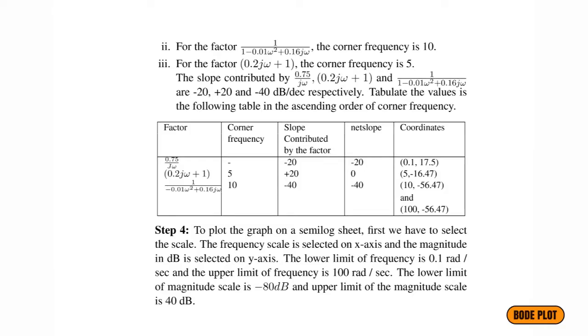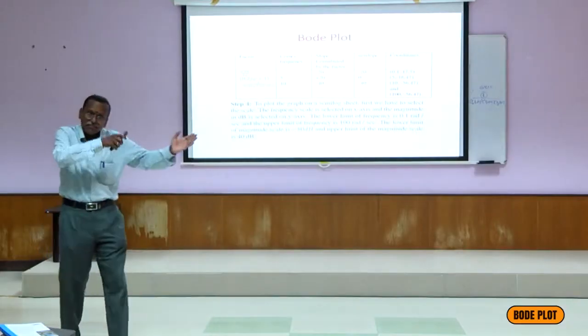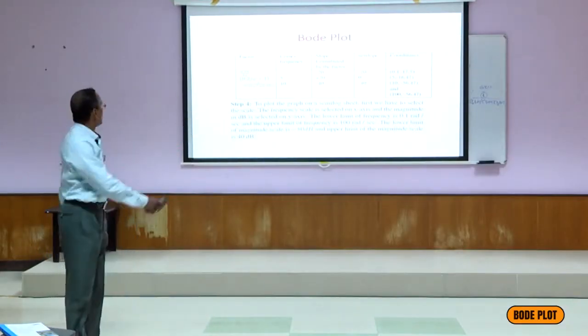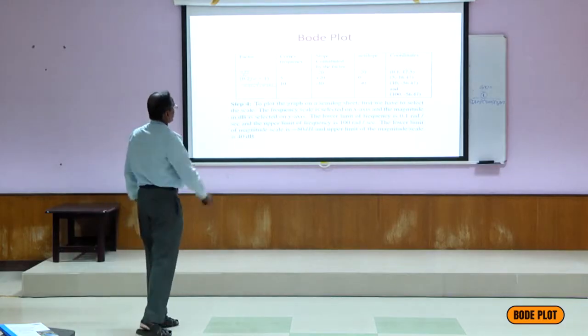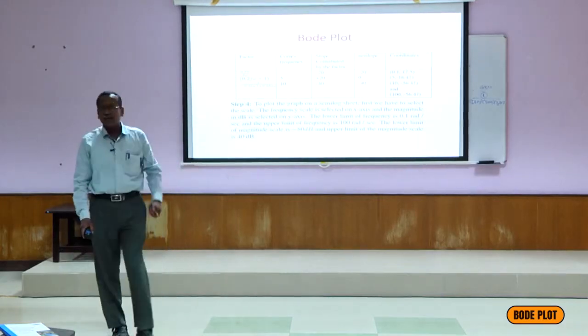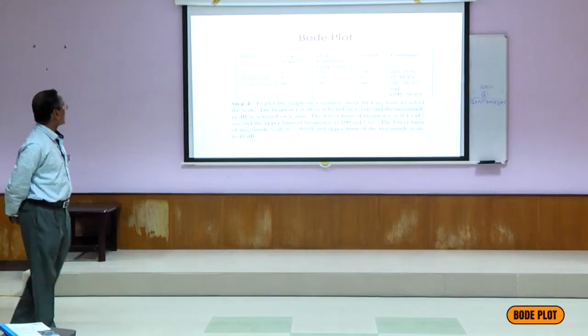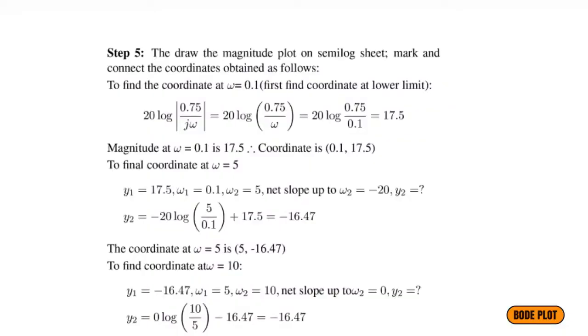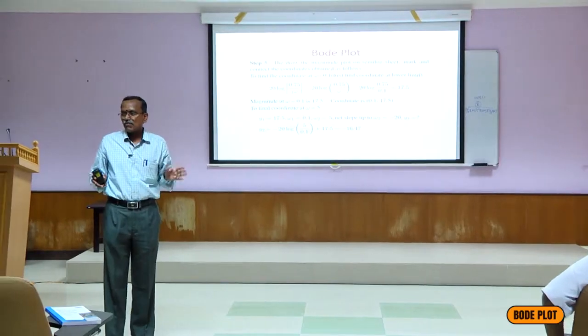In ascending order, there is no corner frequency for the first factor 0.75 by j omega. The slope contributed from minus infinity to plus infinity is minus 20 dB per decade, and the net slope is minus 20 dB per decade. The coordinates are 0.1 and 17.5. How did we find this? Already I said that for K the formula is 20 log K, and for 1 by omega also.